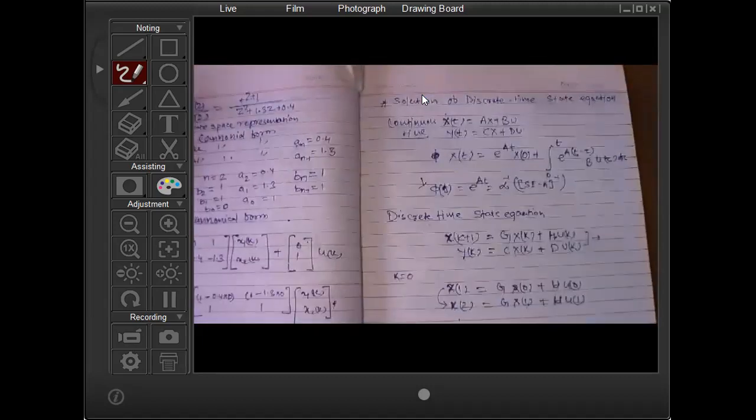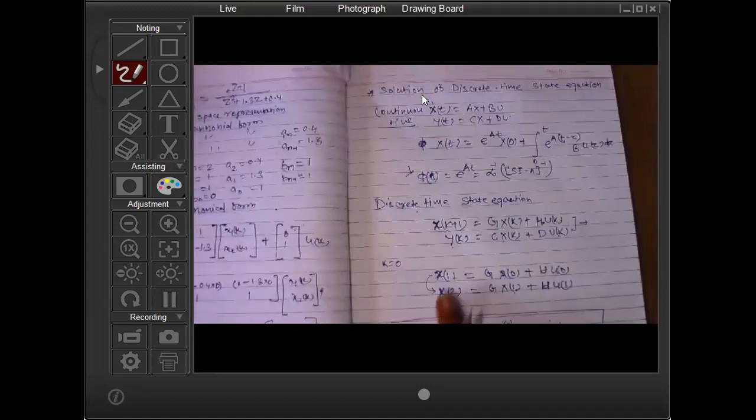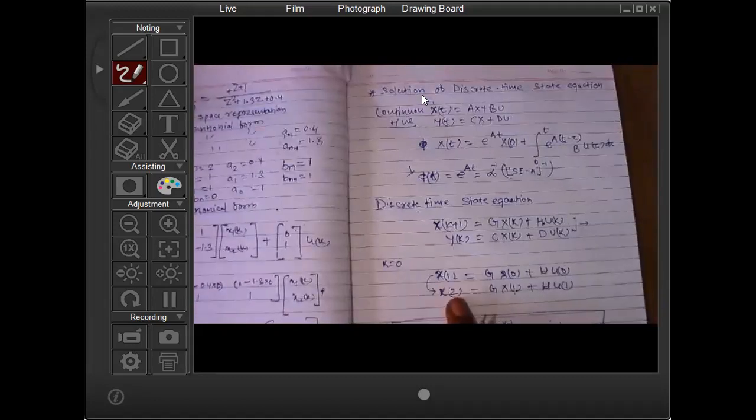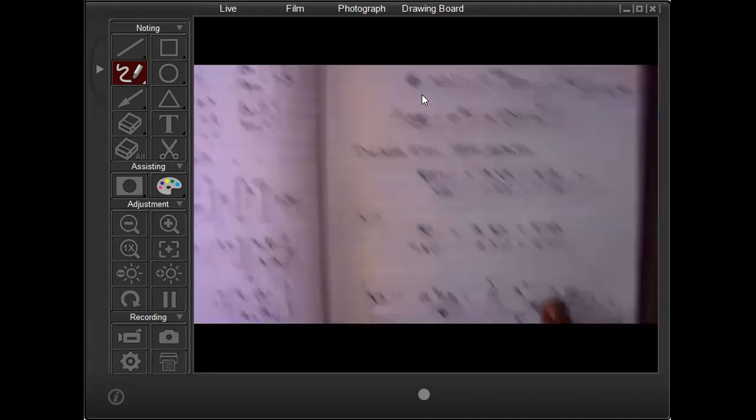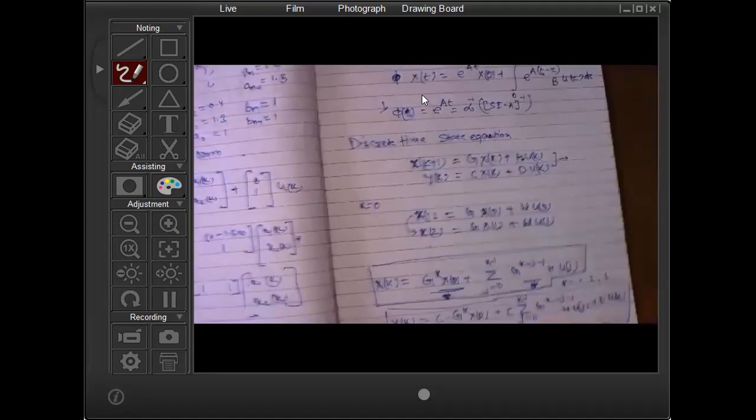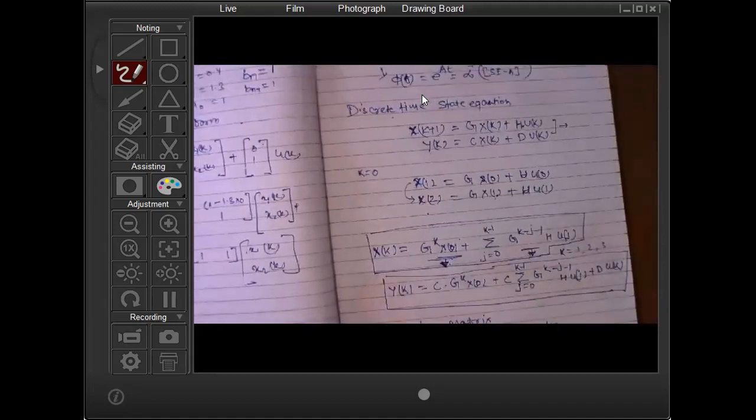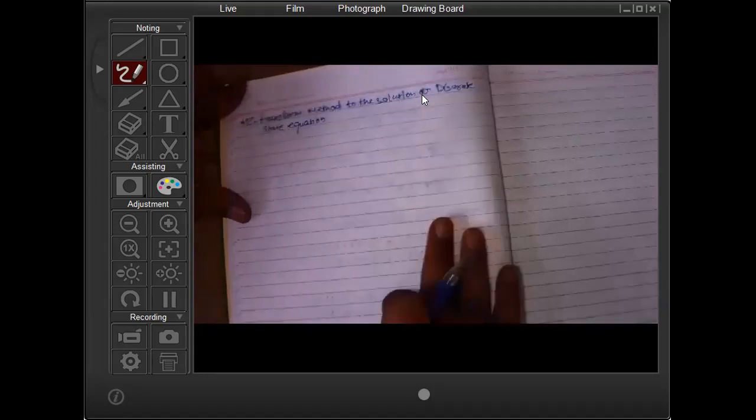In the first method, we applied k equals 0, k equals 1, and in this way we can write the general equation for the solution of the discrete time state equation. So the next way is to apply the Z transform to find the solution of the discrete time state equation.